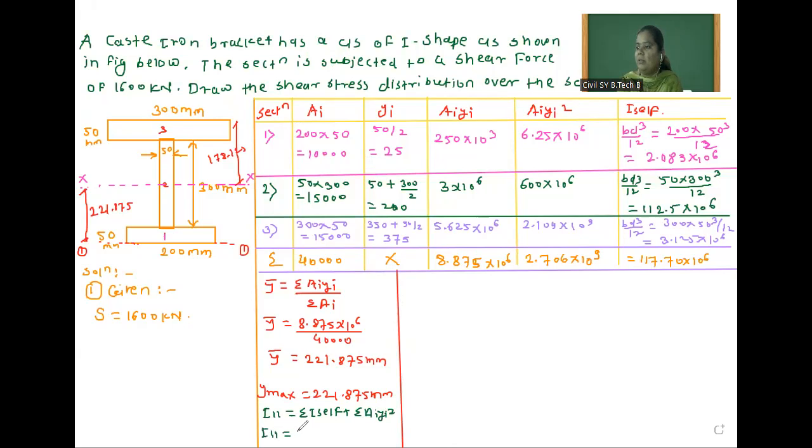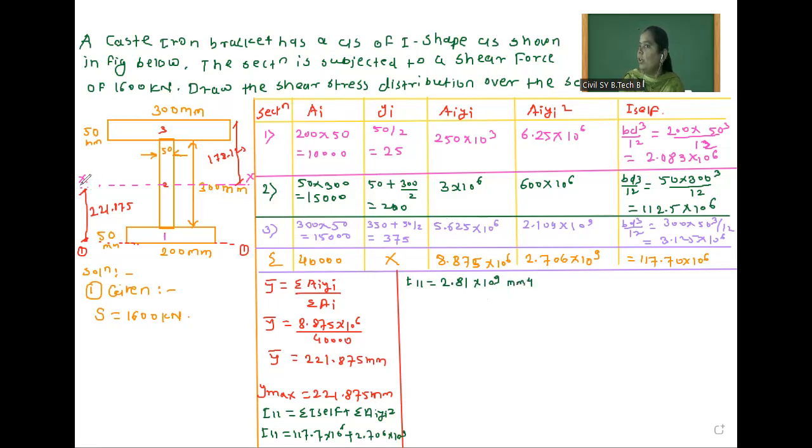So I11 is equal to summation of I self, 117.7 into 10 raised to 6, plus AIYI square, 2.706 into 10 raised to 9. So accordingly you calculate and tell me I11. It is 2.81 into 10 raised to 9 mm raised to 4.